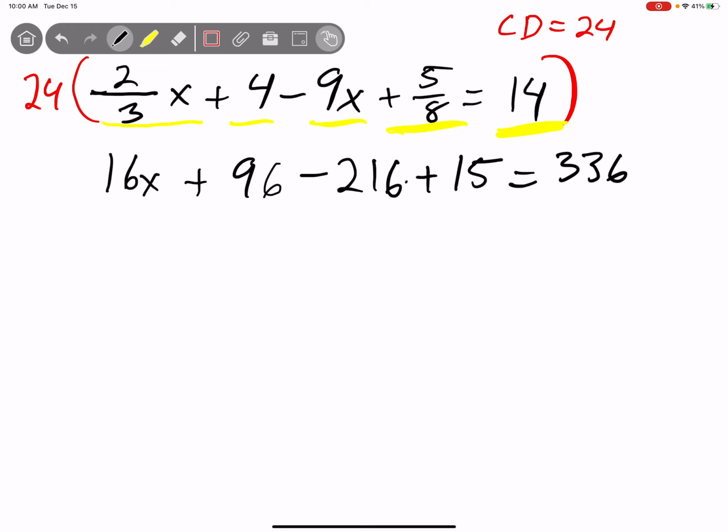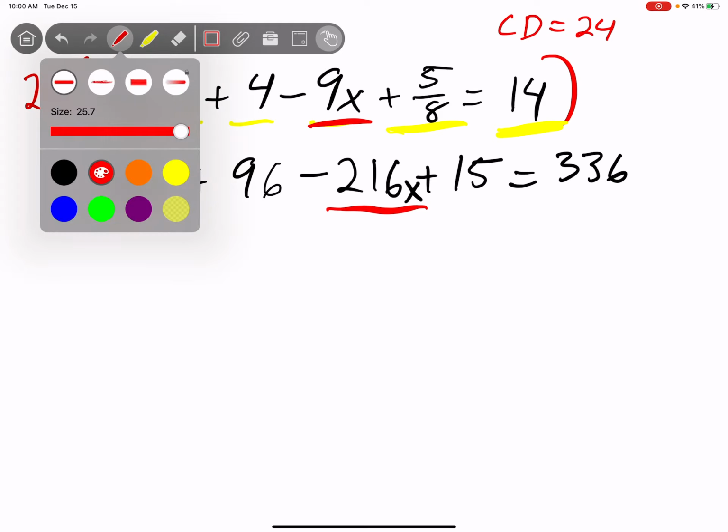Now I forgot an x somewhere, which is right here. So remember when you do this to go back and make sure that you put all your variables in where they're supposed to go. There was a variable here and a variable here, so I had to make sure that there was one here and one here. Okay, the first and third terms had an x. I had to make sure that that was still the case.